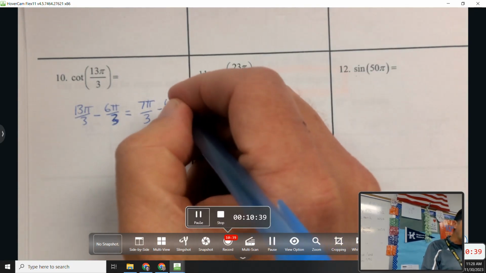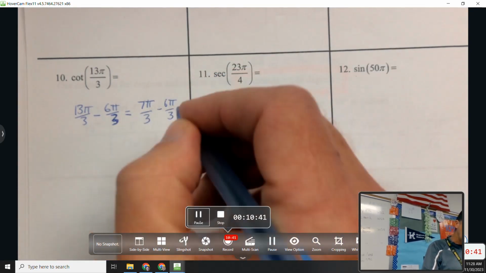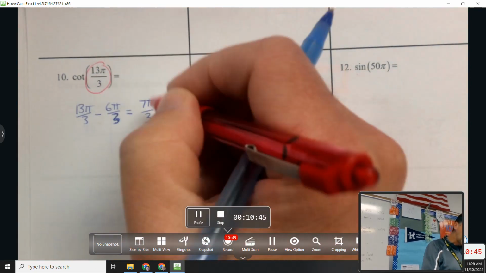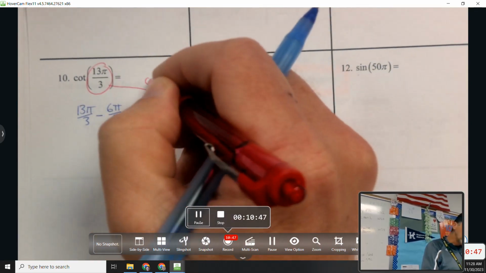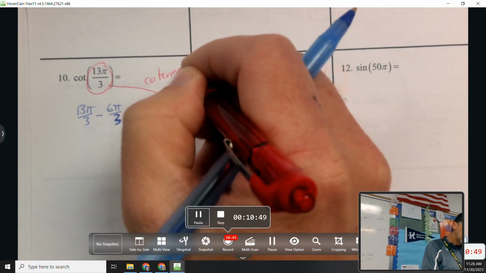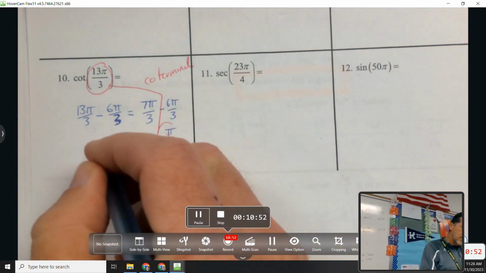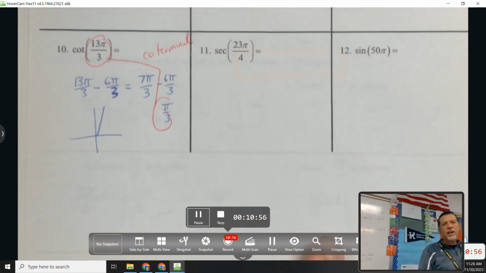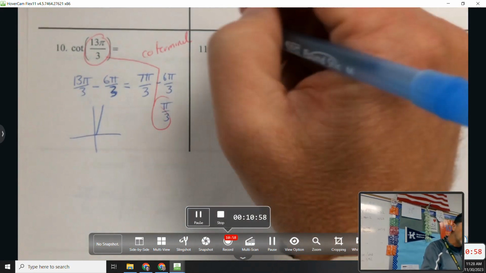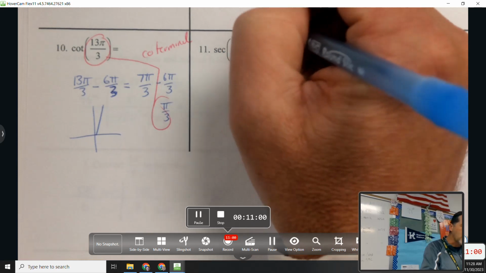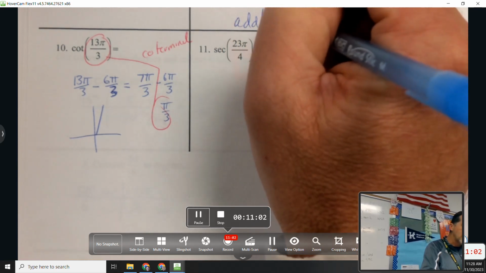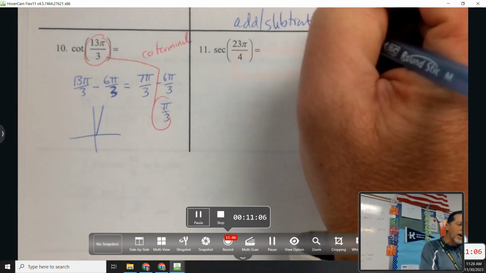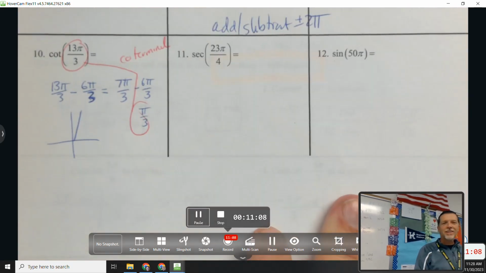Let's back up one more time and land at pi over 3. And the fancy word for those two angles is coterminal. So I'm at pi over 3, and I want the cotangent of that spot. So basically, we add or subtract 2 pi to all of these until you land wherever you need to land.